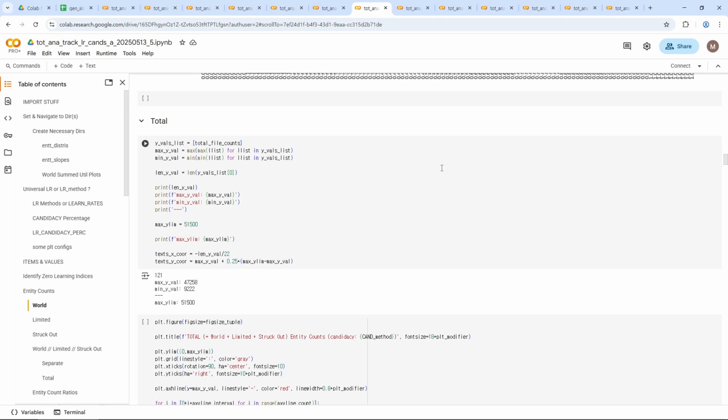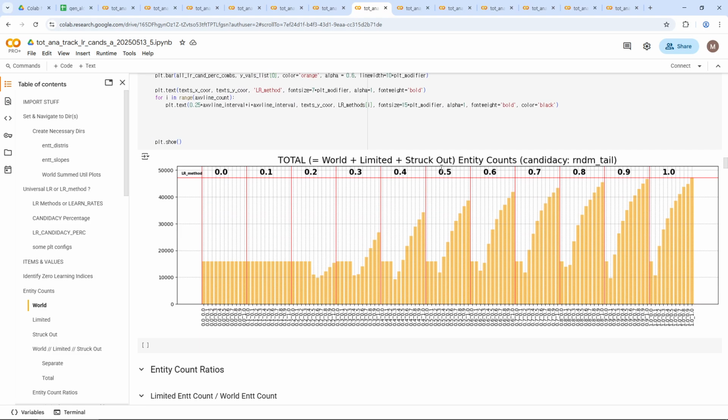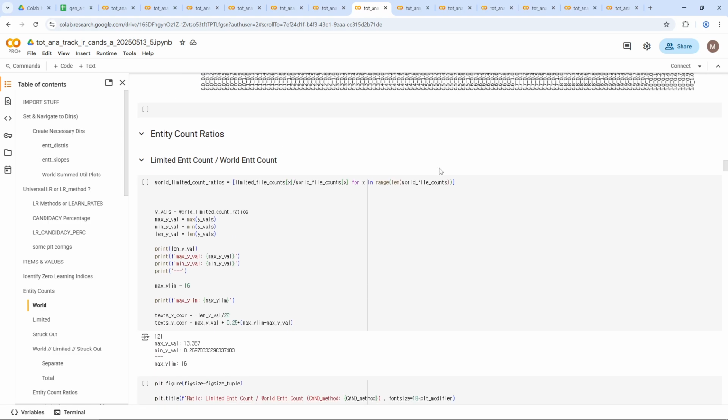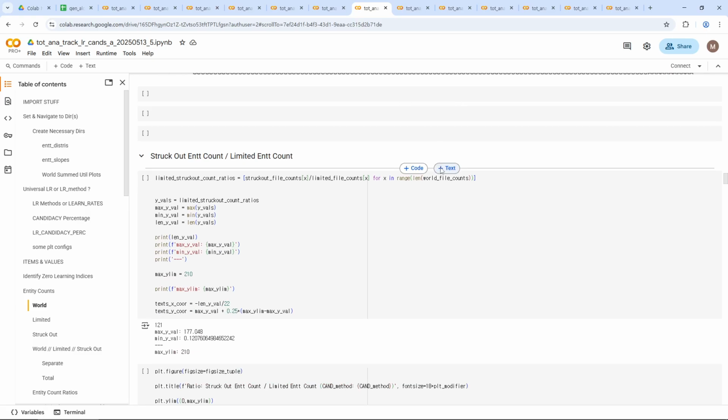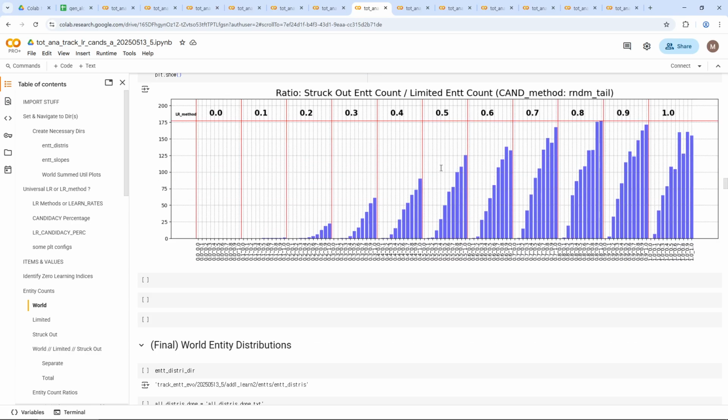Similar behavior and characteristics. Yep. The count ratio. Very similar. Okay.